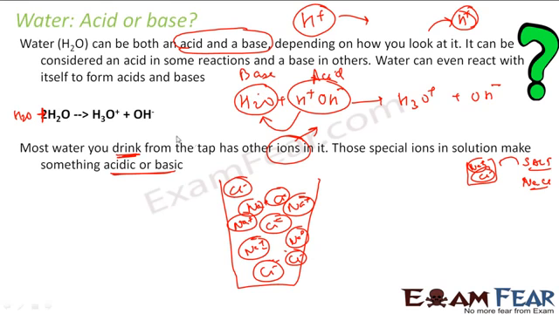So distilled water is both acidic and basic depending on the reaction, and also on the types of ions which are in the water, because most of the water we drink is not distilled water, it has some ions in it. So those ions also define the acidic or basic property of the water.